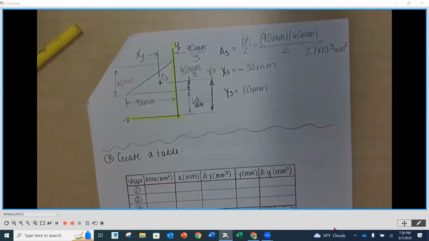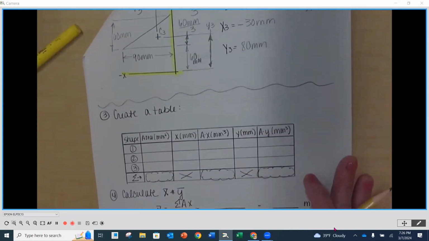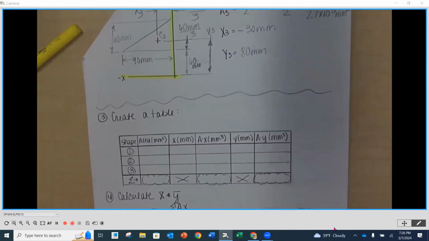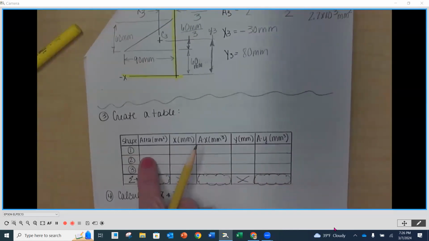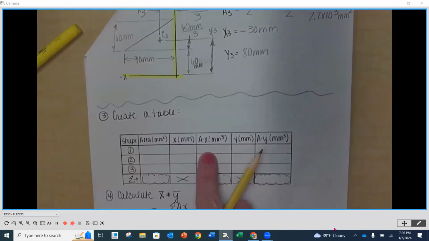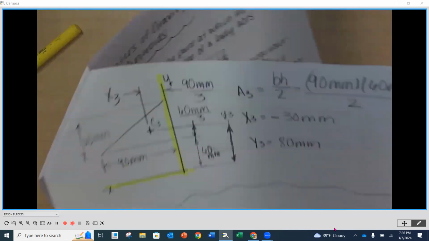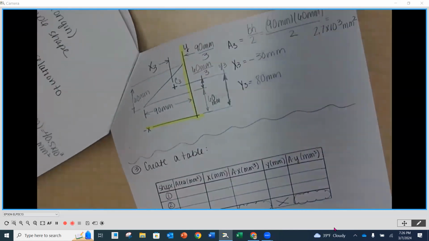Once we have all of these values, area, X and Y for each one of our shapes, which now we do, we now get to fill in our table. So go ahead to that next step and fill in the cells for the area for shape 1, the X for shape 1, the A times the X you're going to calculate, then your Y, and then your A times your Y. So I'm going to do that next.